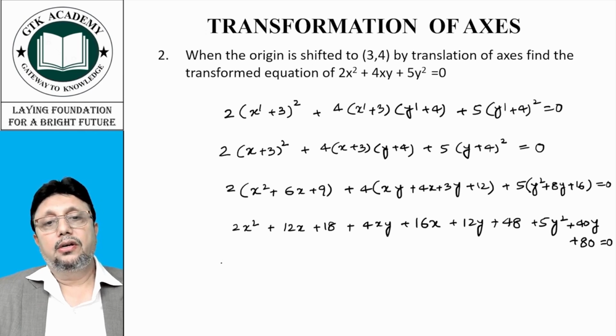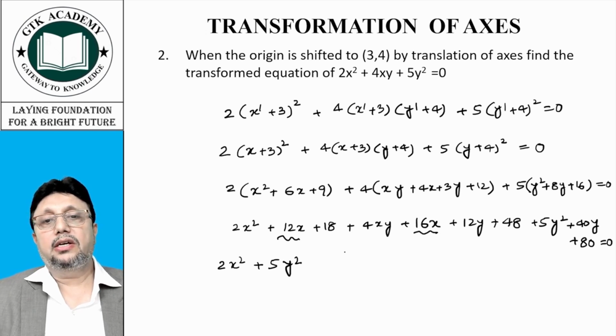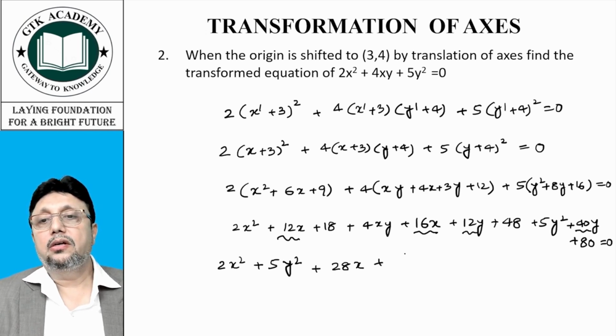Now when you solve it, you get 2x square plus 5y square, 12x plus 16x, 28x, 12y plus 40y, 52y, plus 4xy plus 48, 80 and 18.